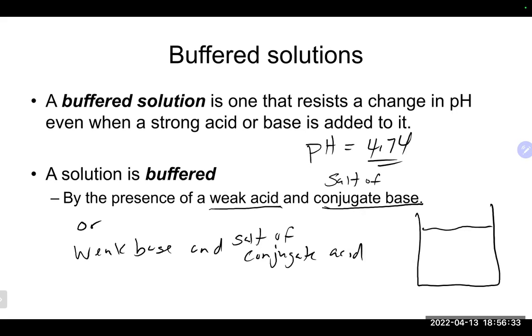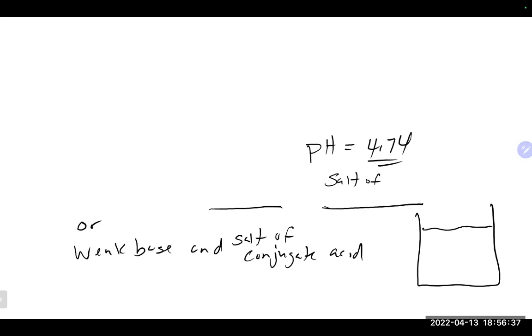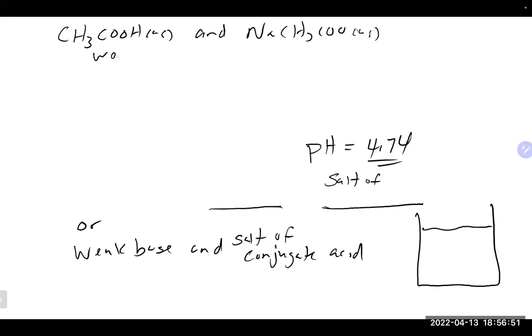So for example, a very common buffer is acetic acid, which is this guy, and sodium acetate. This is a weak acid. How do I know it's a weak acid? This is where that list I just put up a second ago is helpful.